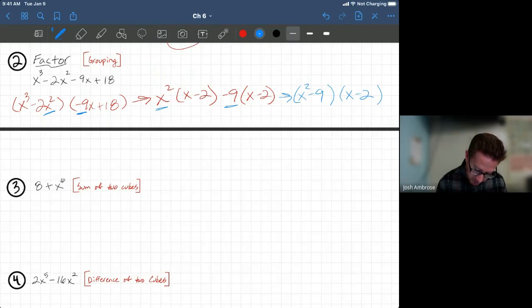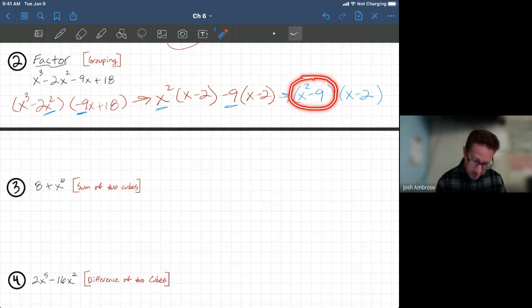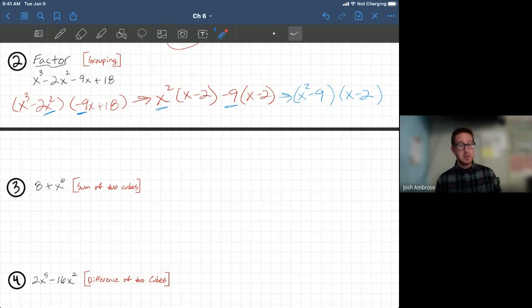But what you need to notice is that this guy right here, this is a special binomial. This is a perfect square binomial. All right. X squared is a perfect square. 9 is a perfect square, and it must be subtraction. So all 3 parts check out.